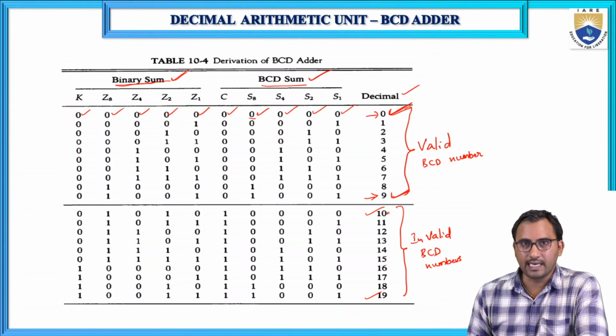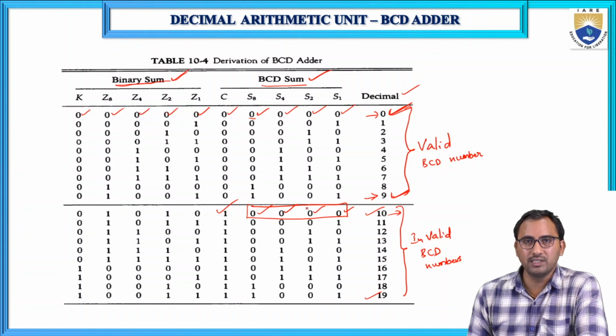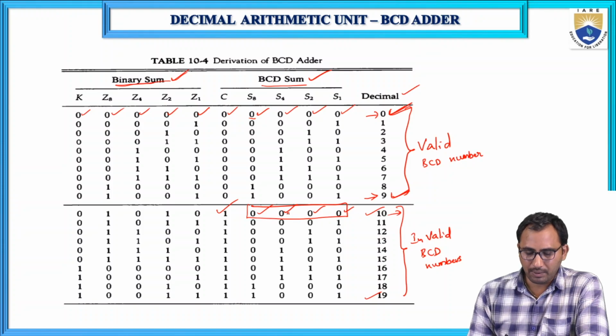Suppose you consider 10. In BCD form we represent 10 as 0, 0, 0, 0 with the carry equal to 1. But in binary form, the 10 will be represented as 1, 0, 1, 0 with the carry 0.